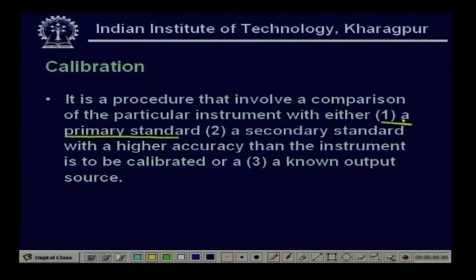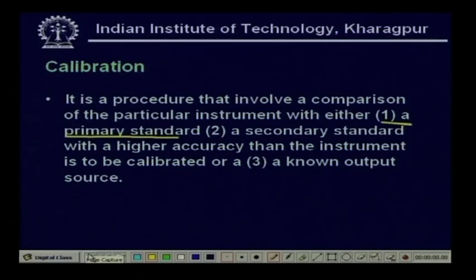You must calibrate that with some small range. I can calibrate with a standard mercury glass thermometer, or with boiling water, which at normal pressure should be 100 degrees centigrade for pure water. So, that way we can calibrate, right, or I can calibrate with a known output source.